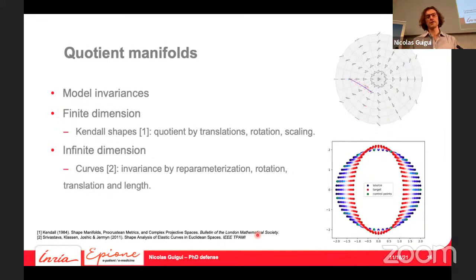And this process of removing those effects involves identifying the shapes that differ by one of those transformations. And this process is called taking the quotient by the corresponding group. And we retrieve a manifold on which a metric is defined that directly encodes those invariance properties. This generalizes to infinite dimension with the space of curves, in which we further want to encode the invariance by reparametrization.